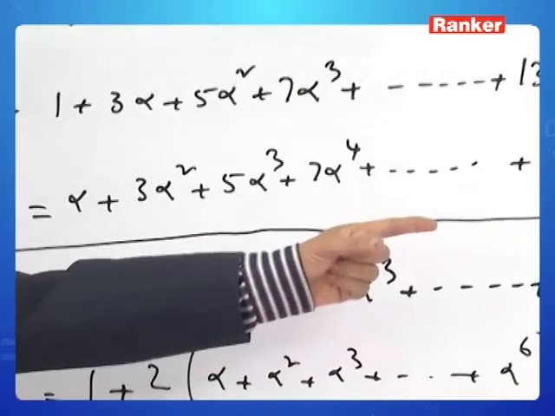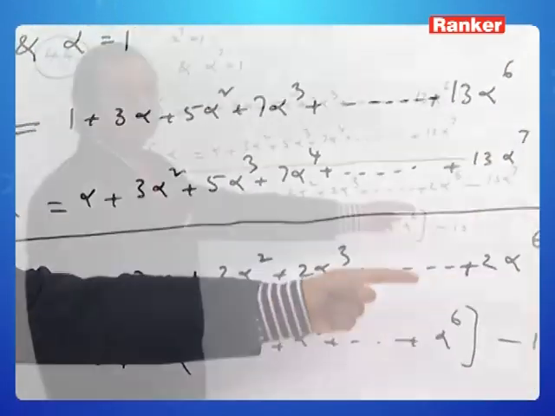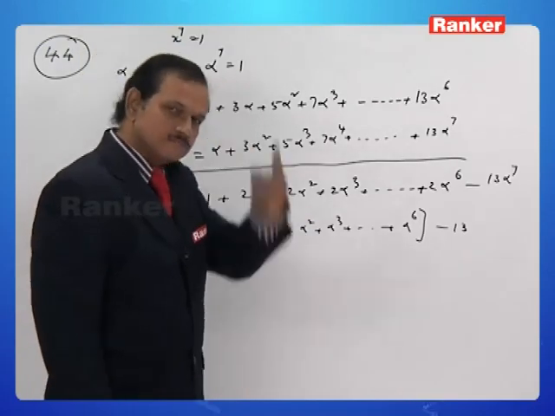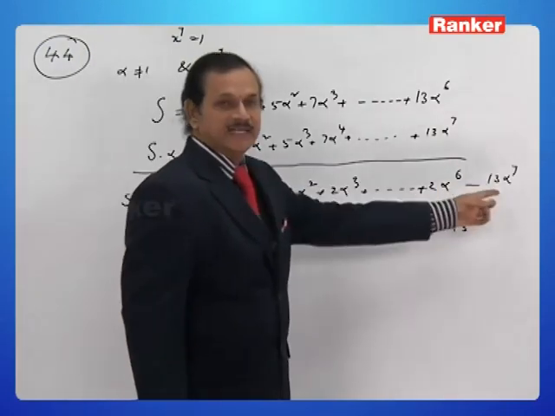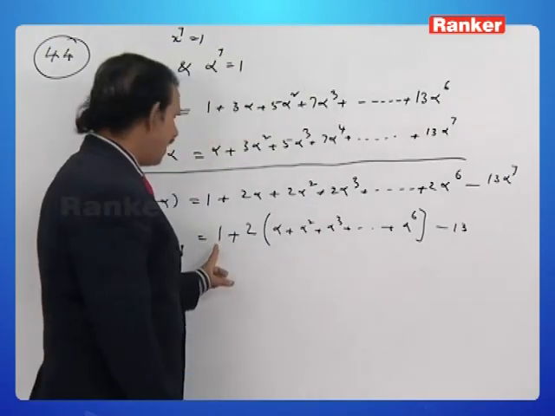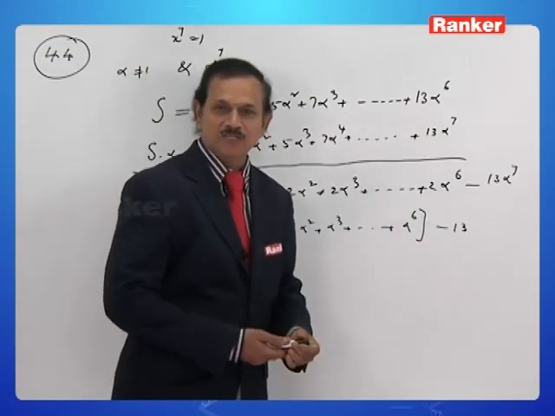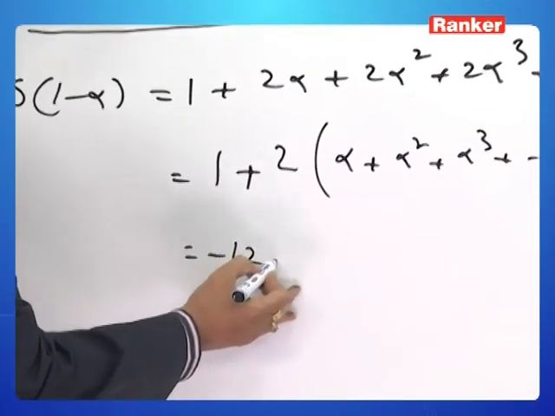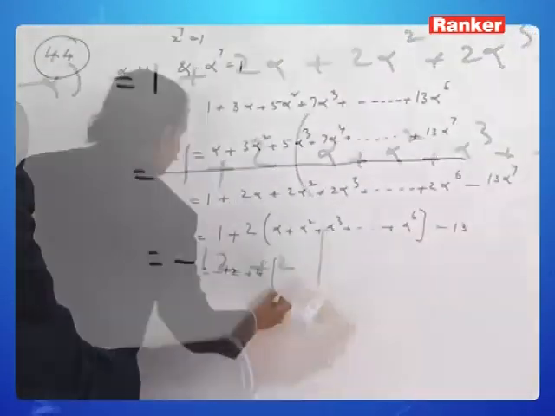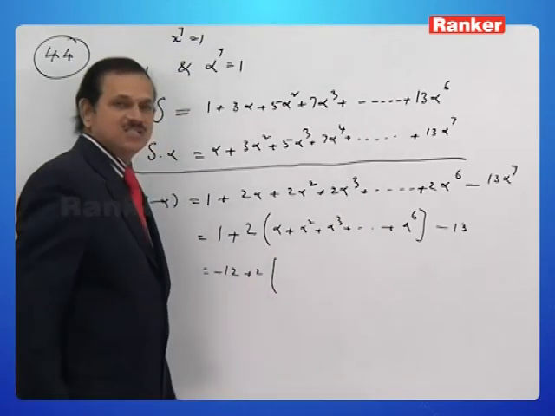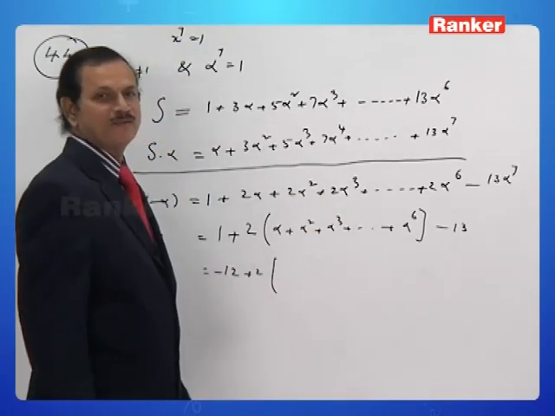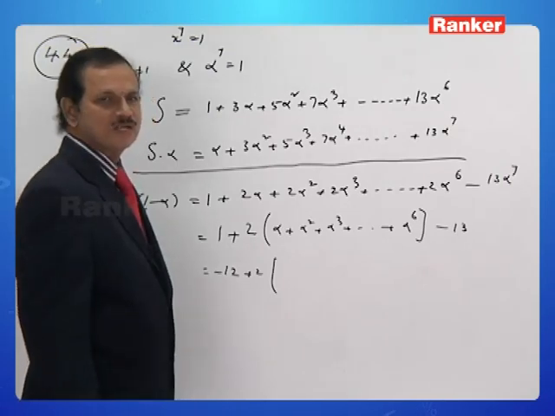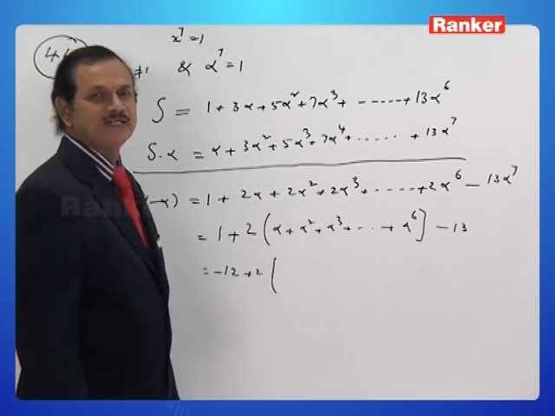In the place of alpha power 7, we can use 1. Therefore, it is minus 13. Well done. 1 minus 13 is minus 12. So this is minus 12 plus 2 into a geometric progression. You can observe this: it is the sum of a GP containing 6 terms.